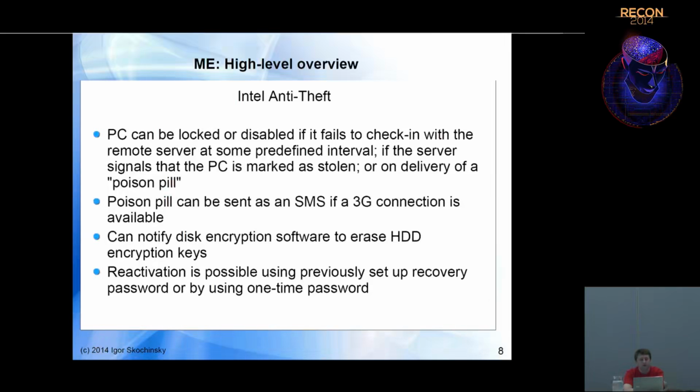But the thieves, in theory, will not be able to recover it because it will be blocked on the lowest level. Even reinstalling the OS, reflashing the BIOS will not help.